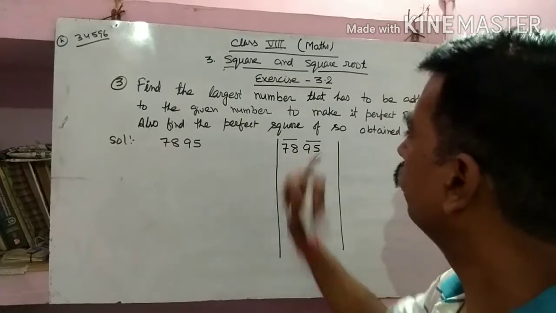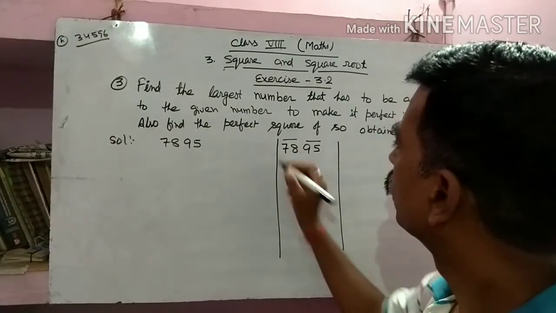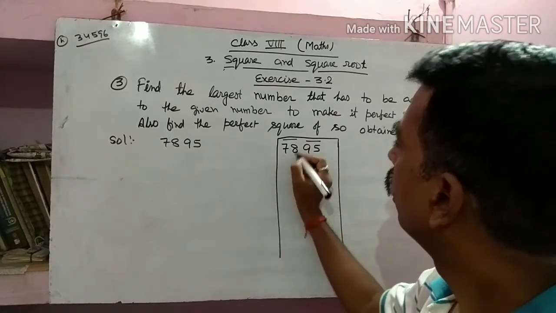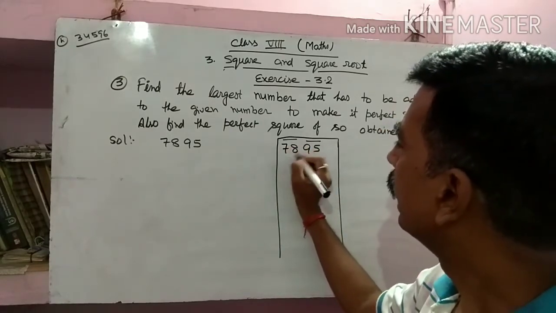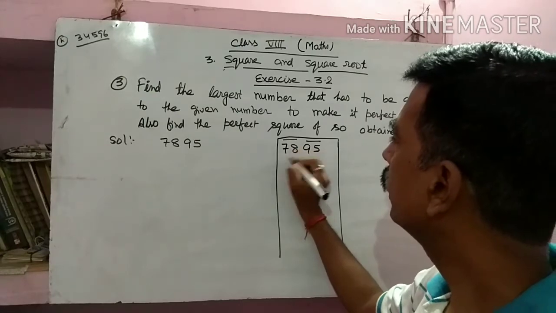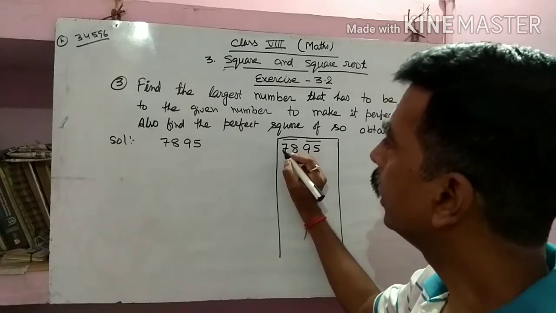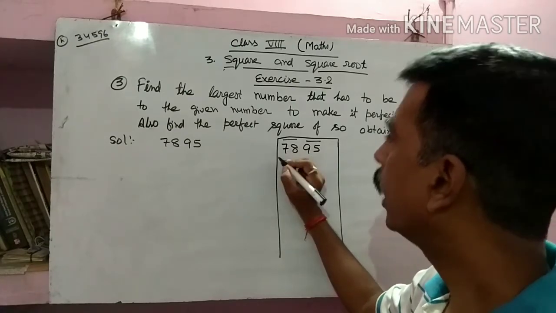Just make pairs of 2 digits. We have to get the number nearer to 78 or equal to 78 by multiplying that number by itself.